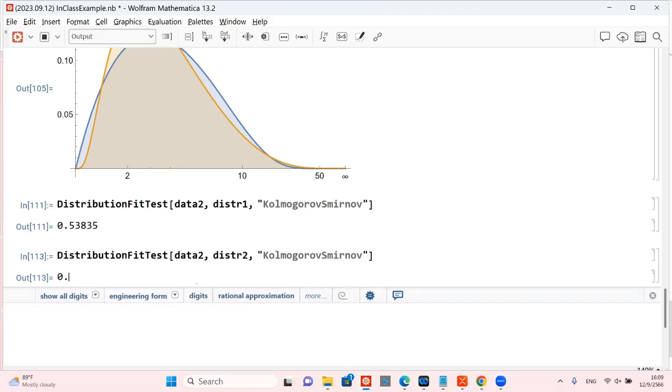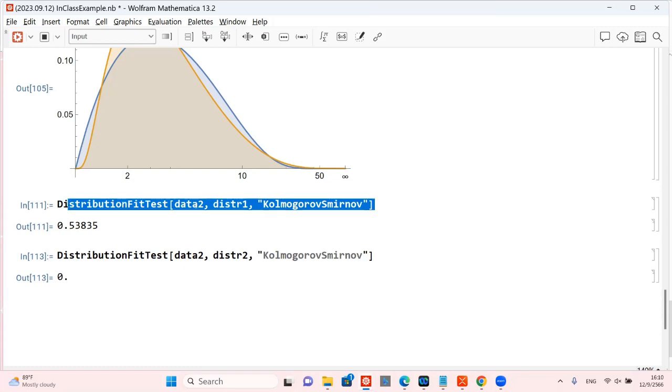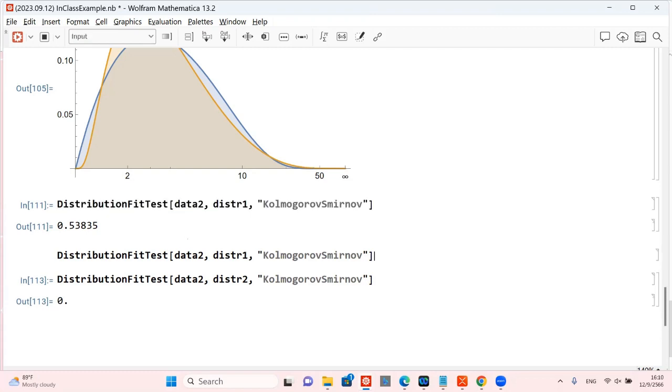In fact, let's say another student comes in and also gets a gamma distribution, but the parameter is way off. You saw this before, it's 2 and 3, right?